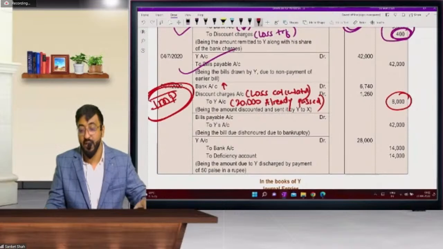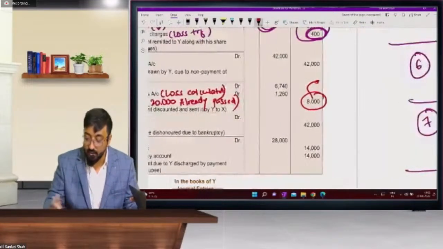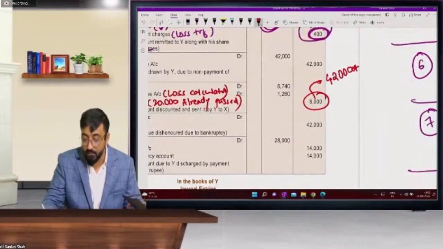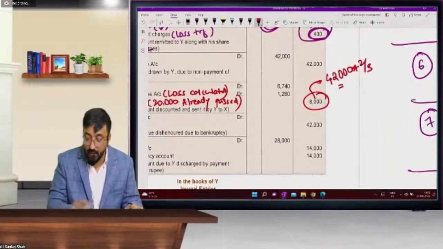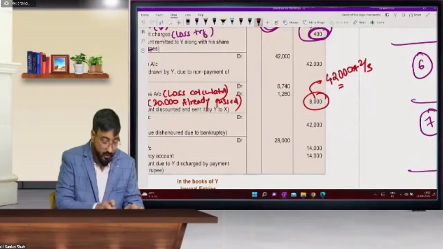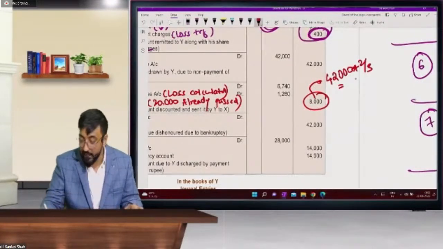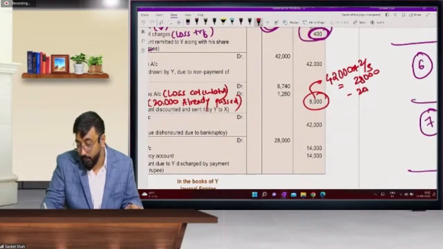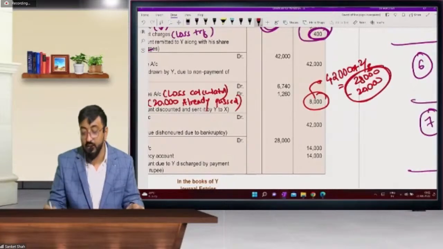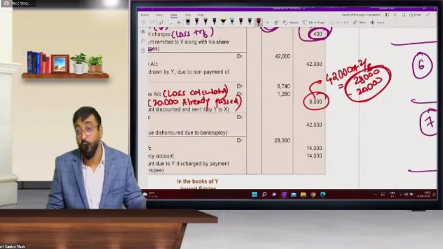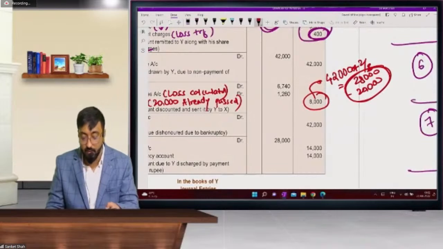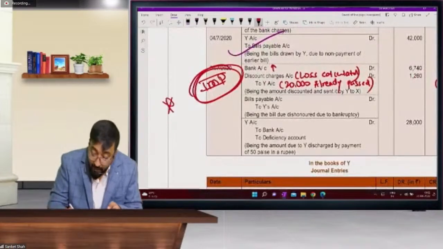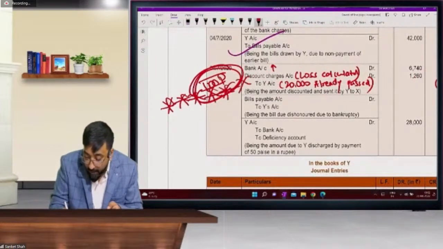And you can check how this 8,000: 42,000 is the bill amount into 2/3 is by X. 42,000 into 2 by 3, 28,000. And out of that, 20,000 is already passed. So 8,000 ki entry. Got this concept? Please watch this lecture once again carefully. Okay. Yes. So this is a very, very important entry.